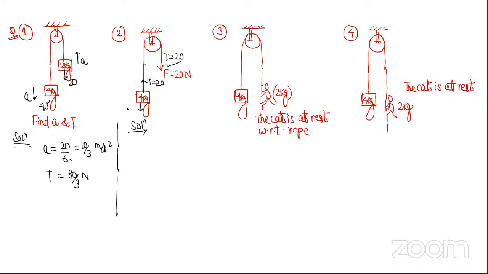On this side gravitational force is acting 40. So it's simple, right? This will accelerate down, and the acceleration will be net force on that block by total mass, that is 20 by 4, that is 5. So tension is 20 Newton and acceleration is 5.